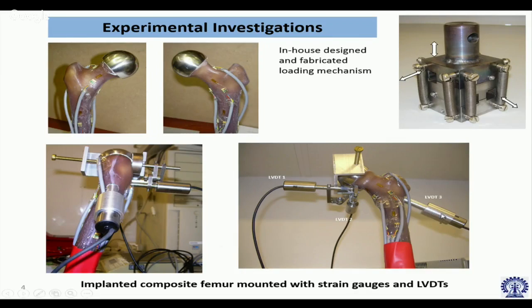We have an additional LVDT measuring the movement of the stem inside the implanted bone structure. There is a threaded hole, and inside we have put a peg so that any small change in displacement will be electronically transmitted into recordings.